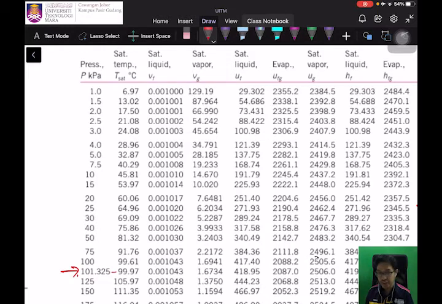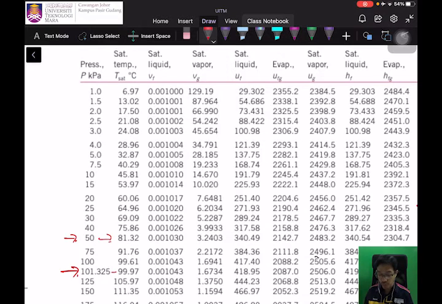Okay, and then you will change to another value of temperature and also another value of pressure. So let's say I do the experiment at 50 kPa, and the corresponding theoretical saturated temperature is 81.32 degrees Celsius, which is also what I claimed just now.